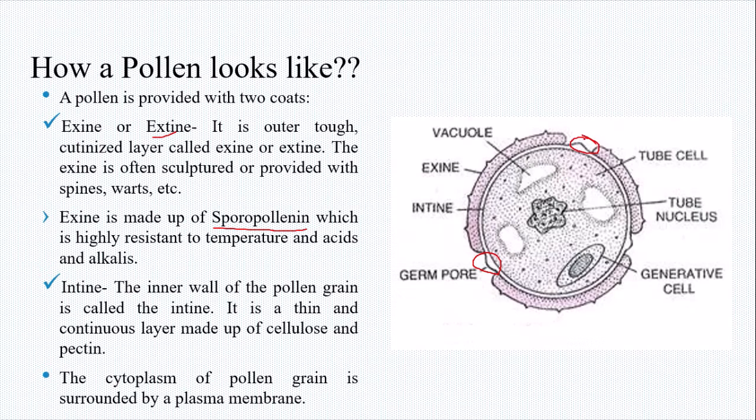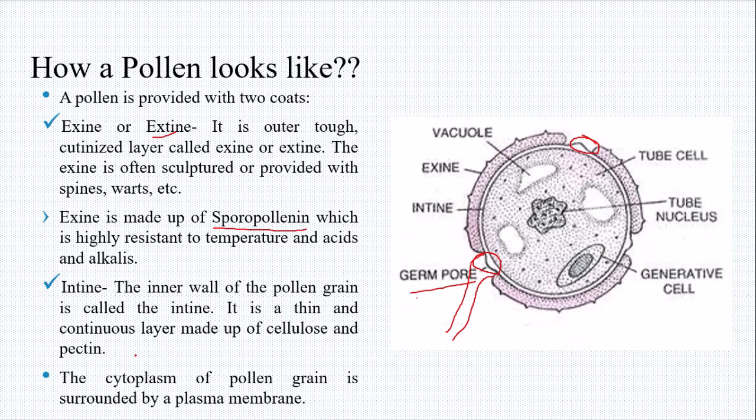These portions are called germ pores, and this is where the pollen tube can germinate in future when the grain falls on a stigma after pollen-pistil interaction. The pollen tube will germinate from these germ pores. There are no such gaps in the intine layer. It is a completely continuous layer made up of cellulose and pectin.